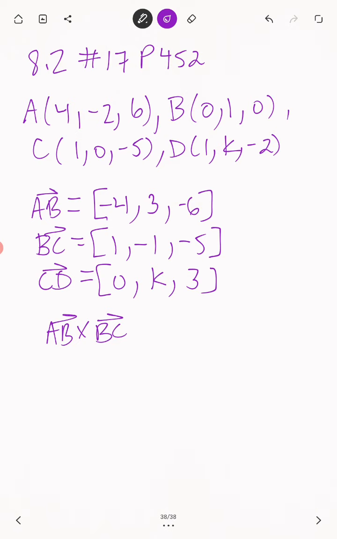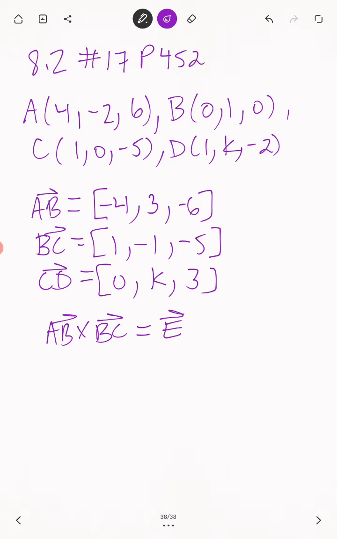If these direction vectors are both in the plane, and I cross them to get a vector that is perpendicular to both, then that vector is perpendicular to the plane, right? Makes sense. So let's call that vector, the answer to AB cross BC, E.